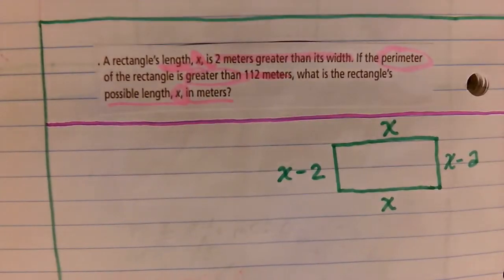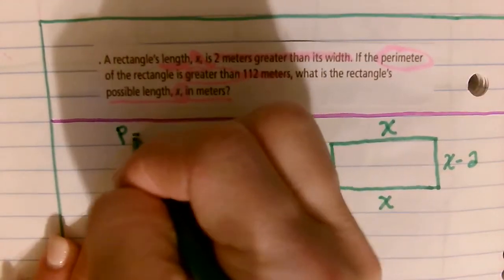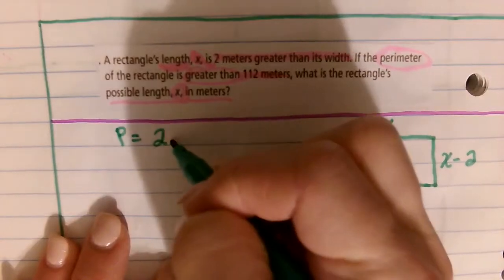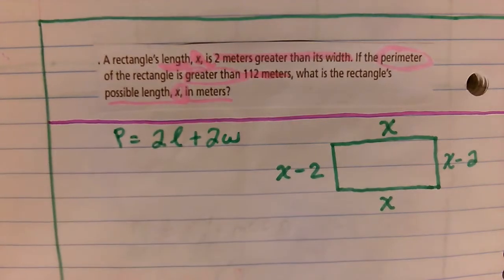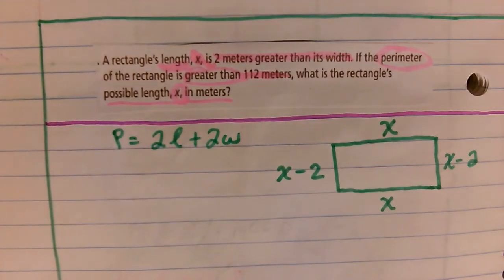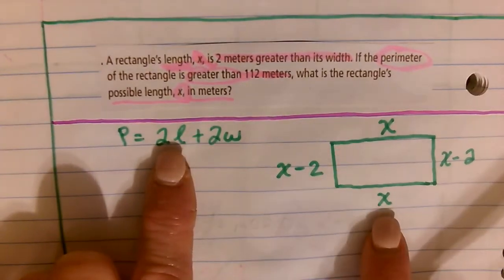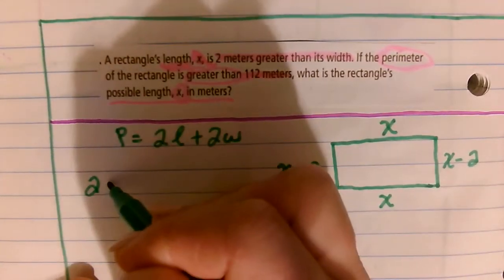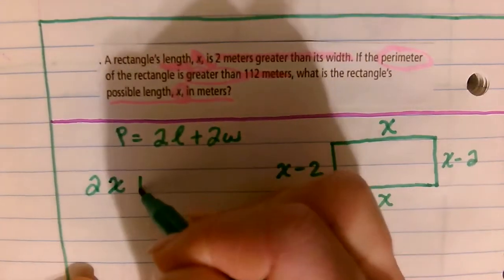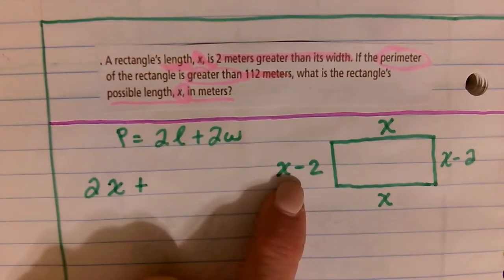Now, let's go back and activate some prior knowledge. We know that perimeter is equal to 2 times the length plus 2 times the width, right? Well, let's see here. If we write an inequality, 2 times the length, well, I've defined my variable as x, so I'm going to write 2x plus the width, in this case, x minus 2.